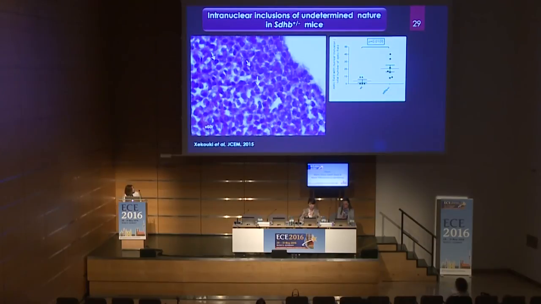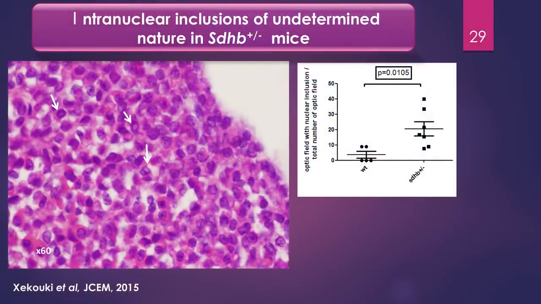Now, one thing also that we observed were these intranuclear inclusions. And we also found that there was a significant difference. Actually, they were more prevalent in the SDHB heterozygote mice.